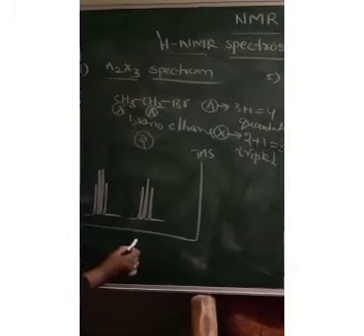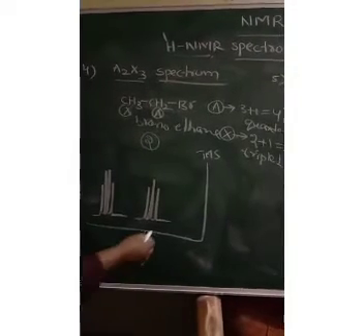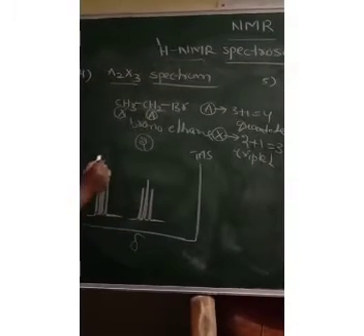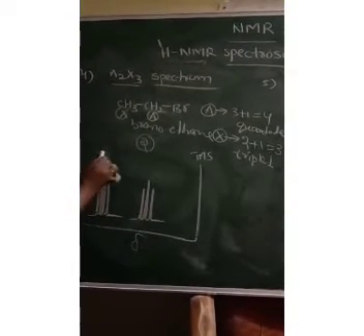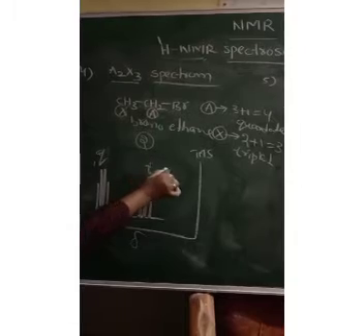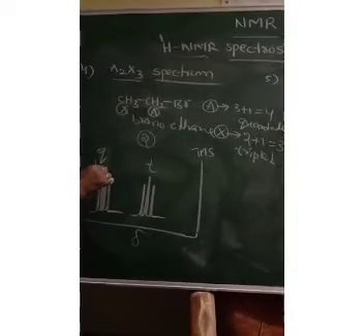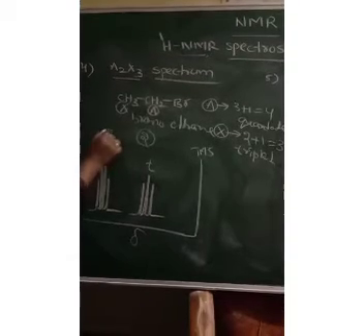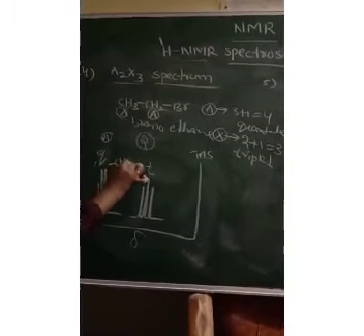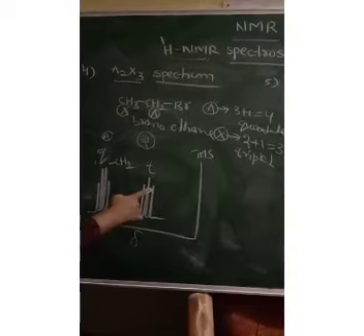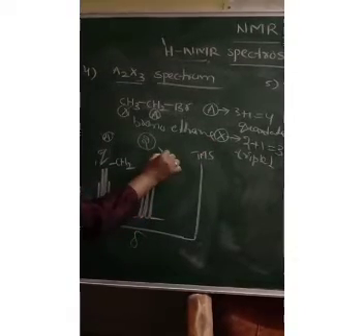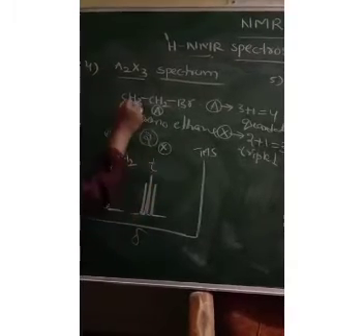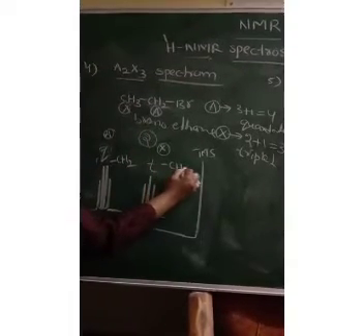In the spectrum, the chemical shift difference is very high, and one signal is the quartet and another is the triplet. The quartet is for the A type of protons, which are 2 protons, and the triplet is for the X type of protons, which are 3 protons, that is CH3.